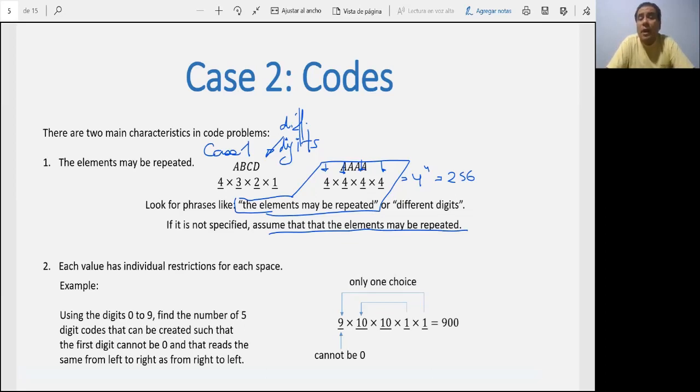And besides, you can have also individual restrictions for each space. For example, using the digits 0 to 9, find the number of 5-digit codes that can be created such that the first digit cannot be 0 and that reads the same from left to right as from right to left. So you can try a few codes first. 5-digit codes that read the same from left to right and from right to left.